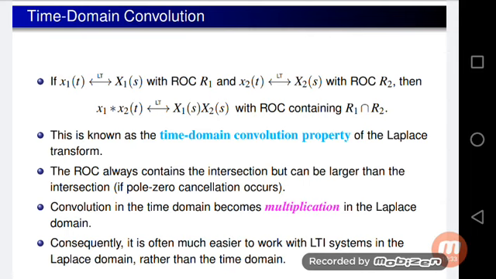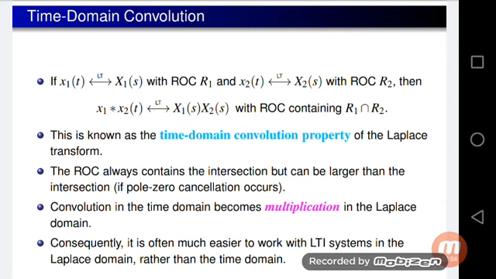The ROC always contains the intersection, but can be larger than the intersection if pole-zero cancellation occurs. Convolution in the time domain becomes multiplication in the Laplace domain.